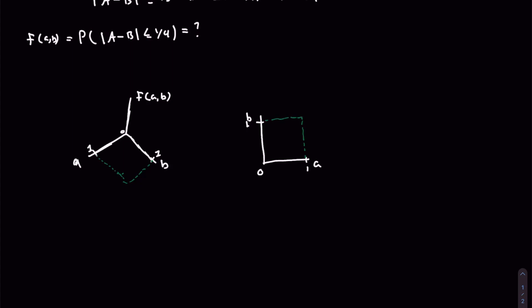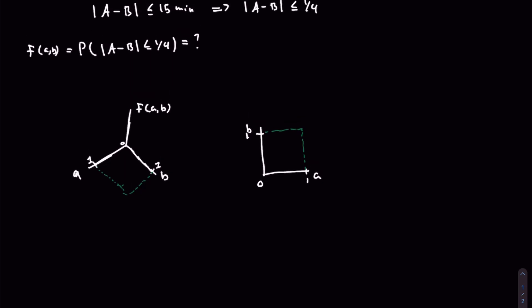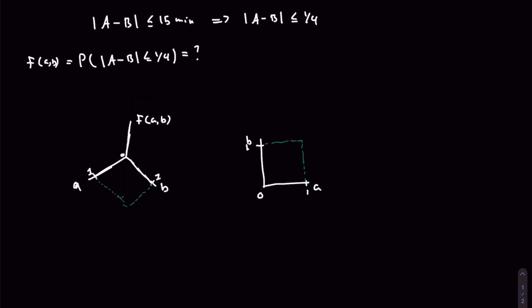This is the domain. Okay, now let's figure out what part of this domain represents the event of interest, which is this event here.